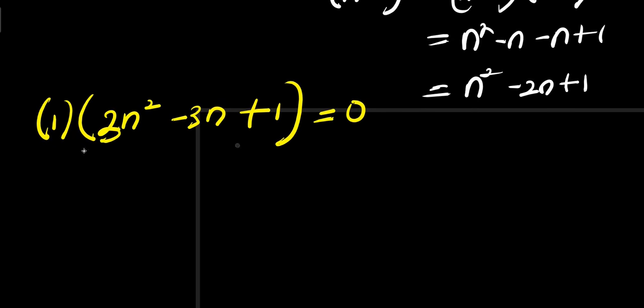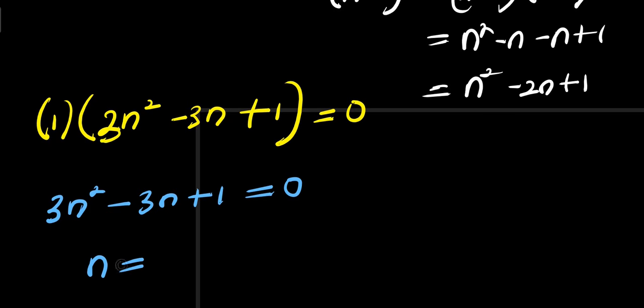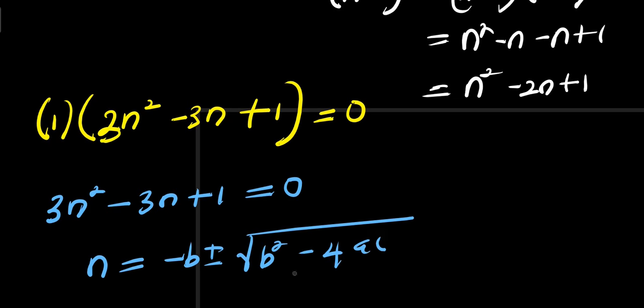So the next thing is to multiply this with 1. We have 3n squared minus 3n plus 1 equals 0. We need to solve this. We can solve this using the formula method. We write the formula in respect to n. We have n equals negative b plus or minus square root of b squared minus 4ac, divided by 2a.